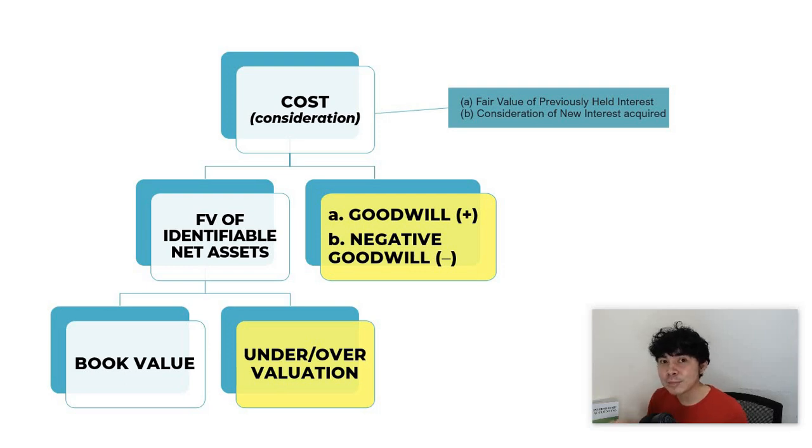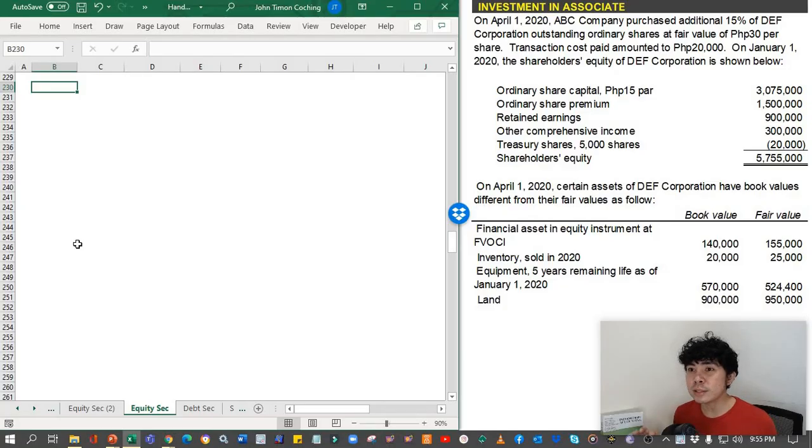So, gawin na natin yon. So, ngayon, gawin natin yung pinapagawa ng paragraph 32. So, i-compare natin yung cost ng ating investment. Again, yung cost ng investment natin pertains to the 25% investment in associate. Kasama na yung previously held interest. Tapos i-compare natin yun sa fair value ng ating identifiable net assets.